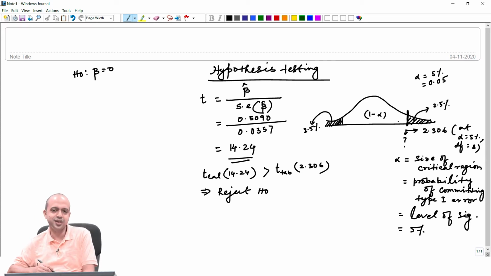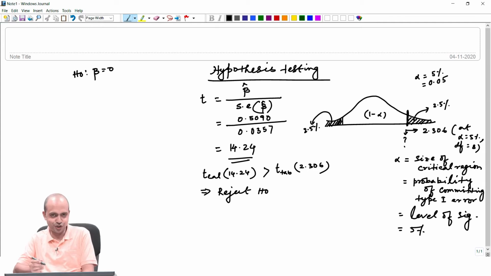The answer is yes, because if you increase the size of this critical region, then obviously it would be easier for you to enter into the critical region, right. The more you increase the size of the critical region, the easier it becomes for the calculated value to enter into it.